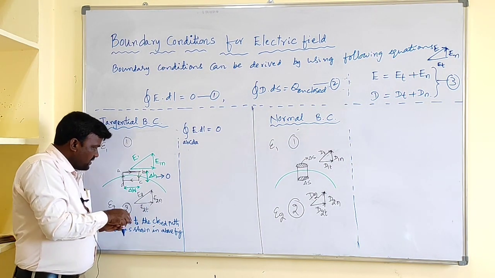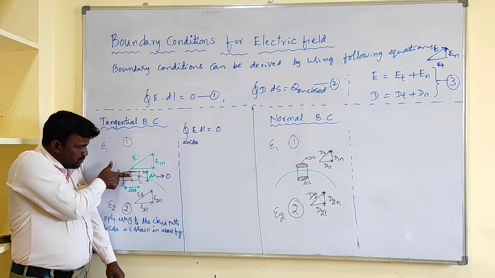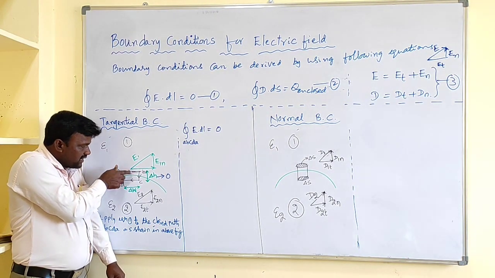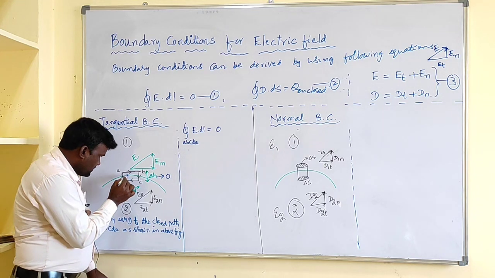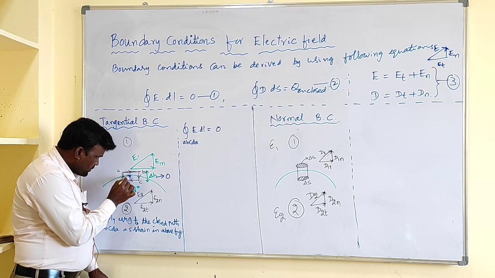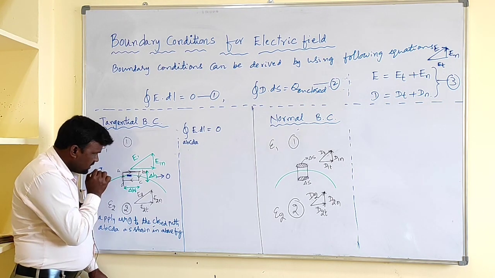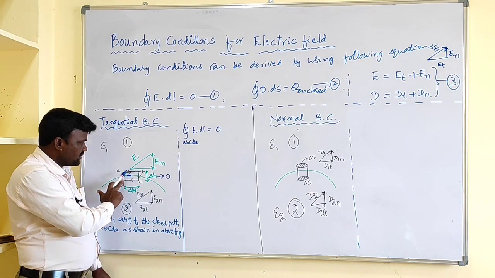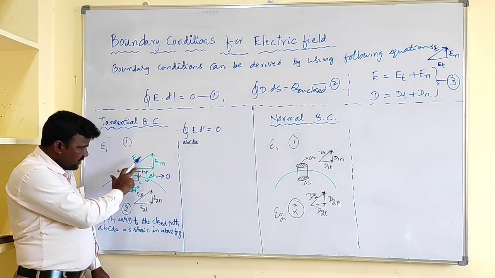That means we actually need to take this closed path on the boundary only. So we need to move A to B, B to C, C to D, D to A. That means it is our boundary. For the visibility purpose, I had drawn it like this.